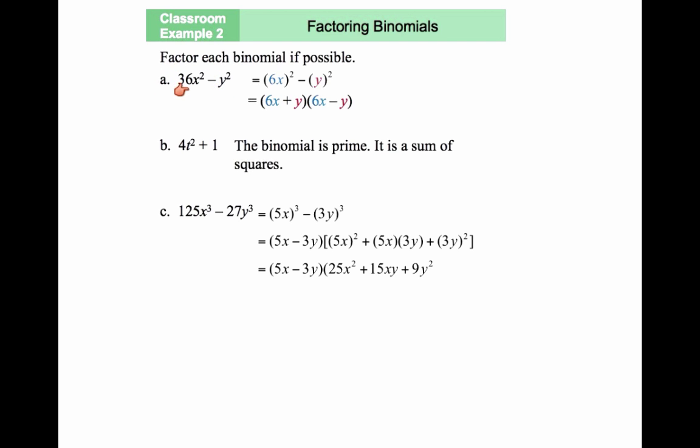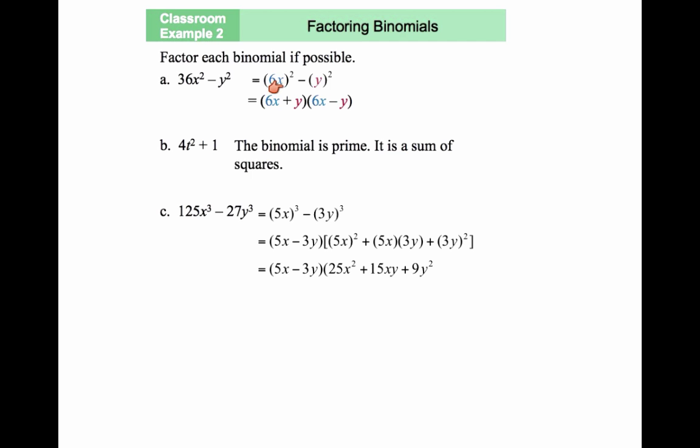The first example here, we have 36x to the power of 2 minus y squared. First, we need to recognize that this is a difference of squares. So I'm going to open two parentheses like that, make them squared, and ask myself, can I make these perfect squares? 36 is obvious. 6 times 6 would be 36. x squared would be x.